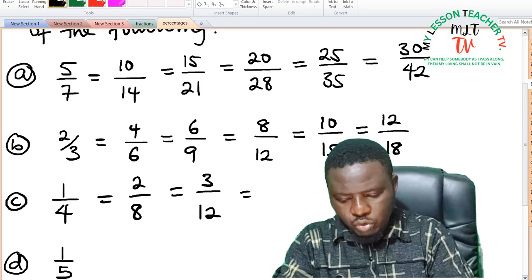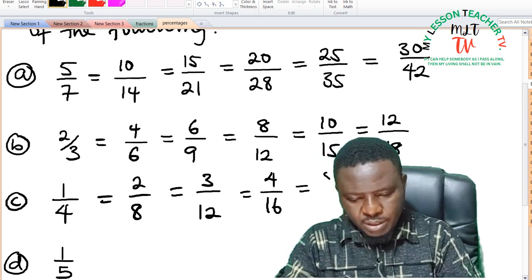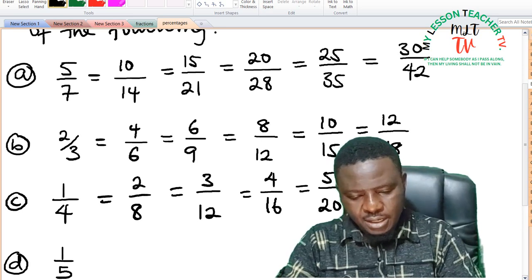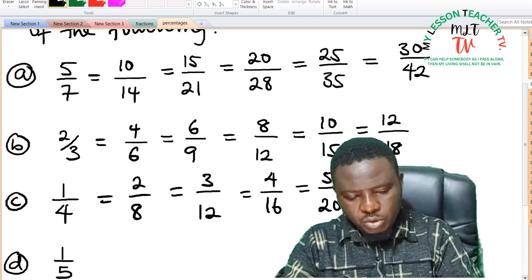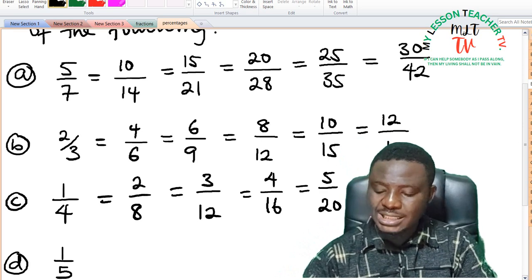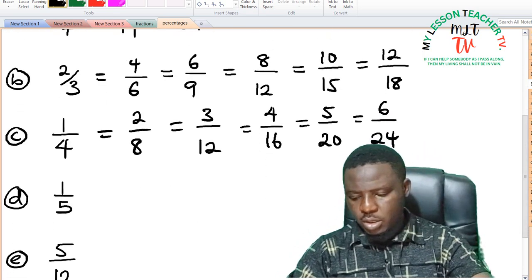The third is going to be 4 divided by 16. The next is going to be 5 divided by 20. And the fifth is going to be 6 divided by 24. All I did was to multiply the numerator and denominator by a constant factor.